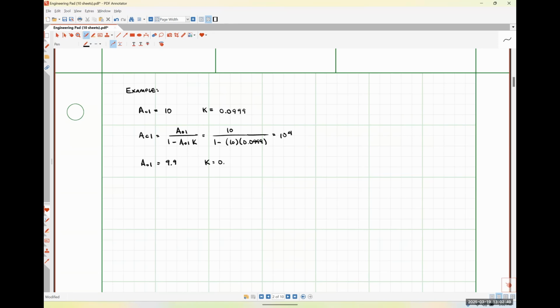If we leave our feedback network alone, so 0.999, our closed loop gain in this case is going to be 9.9 divided by 1 minus 9.9 times 0.0999. Throw that into your calculator and please tell me what you get.